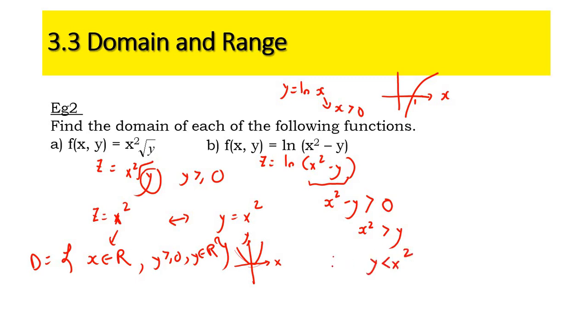So this will be the domain. The domain is y less than x², where x is a real number and y is a real number. This is the symbol of a set: x is a member of the real numbers, y is a member of the real numbers.